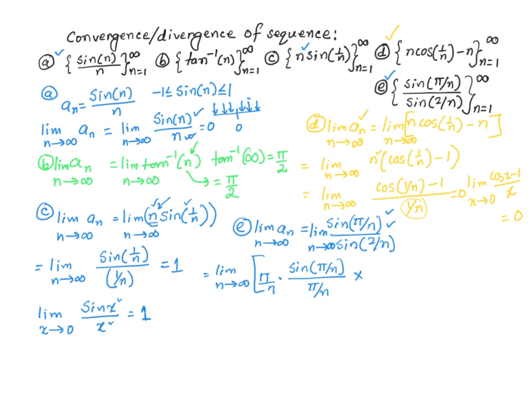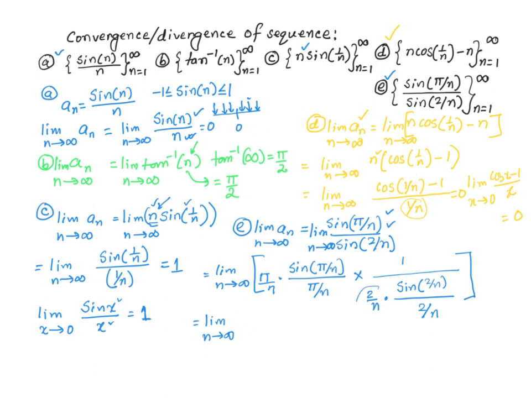Times the denominator, which is going to be 1 over sine of 2 over n, and now I'm going to divide it by 2 over n. Why am I doing this? So that I could have a sine of x over x type expression. Since I divided by 2 over n, I have to multiply it by 2 over n and close the square bracket. And then the limit as n approaches infinity.